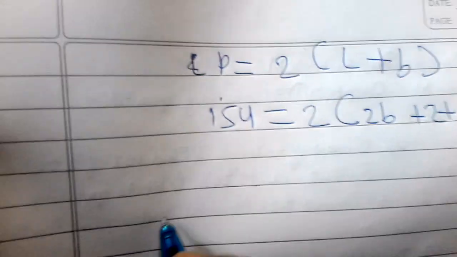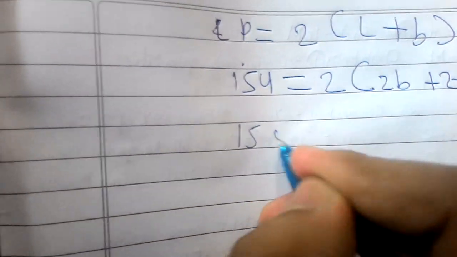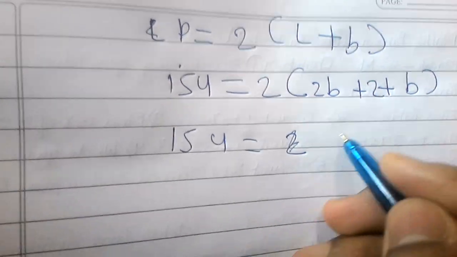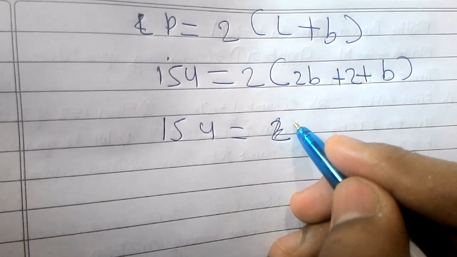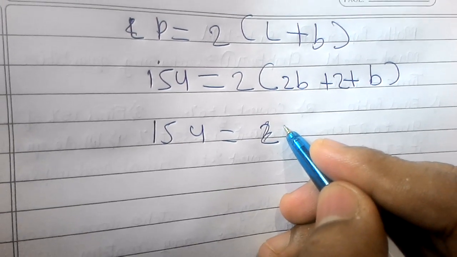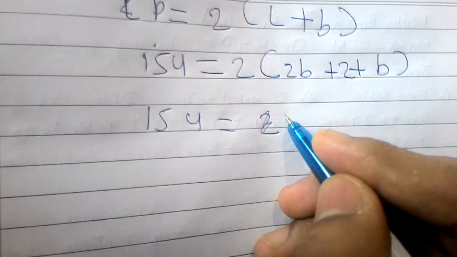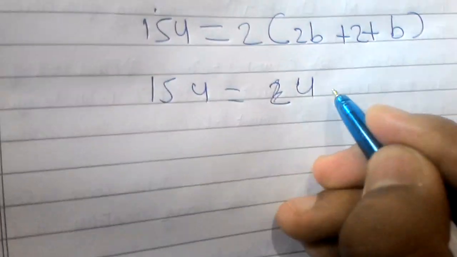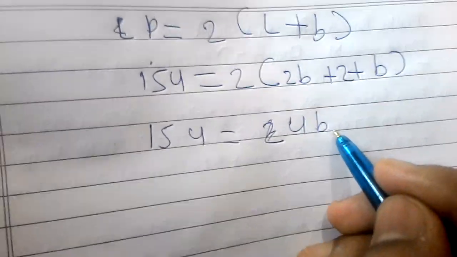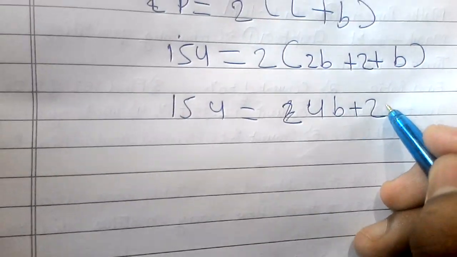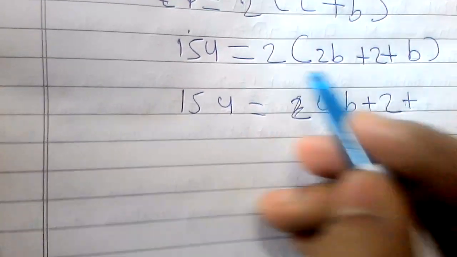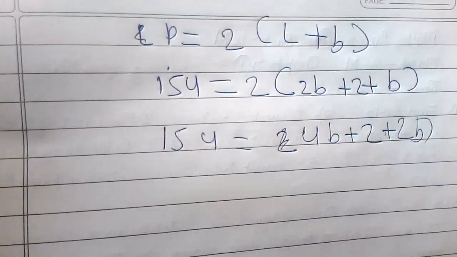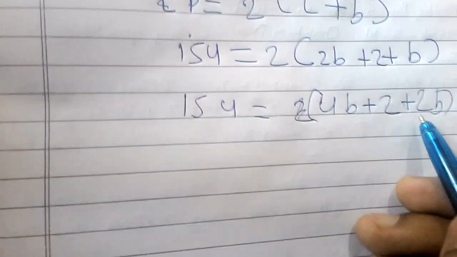Okay, now what we have to do? Now we have 154 is equal to 2 into (2b plus 2 plus b). When we multiply, first 2 into 2b becomes 4b, then 4b plus 2. Okay, now plus b, 2 into b is equal to 2b. It becomes like this, 4b plus 2 plus 2b.